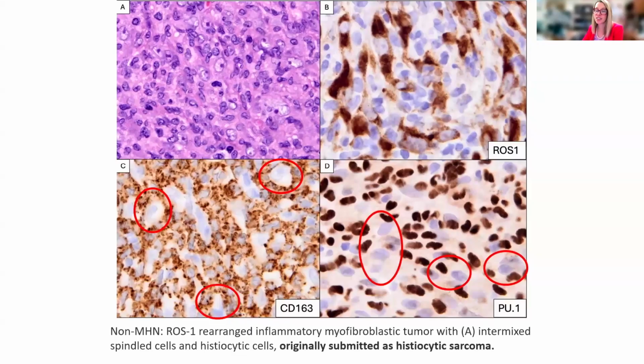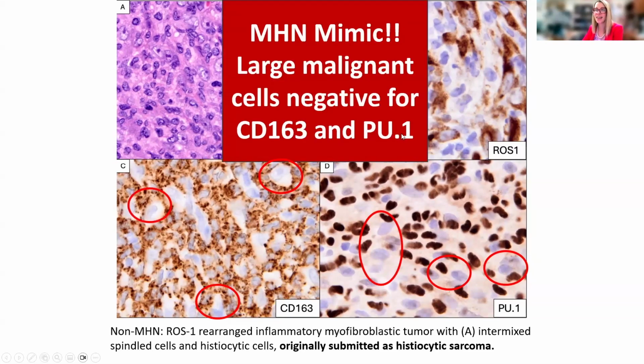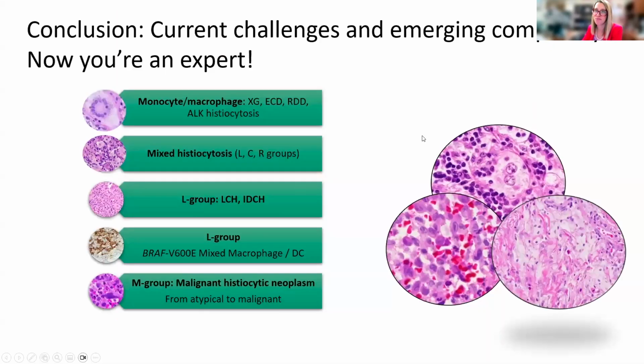So this actually turned out to be a ROS1 rearranged inflammatory myofibroblastic tumor with a lot of intermixed histiocytes, and it was these larger malignant cells that were ROS1 positive. So again, a sort of reminder at the end that not all that's CD163 and Q1 brown is an MHN.